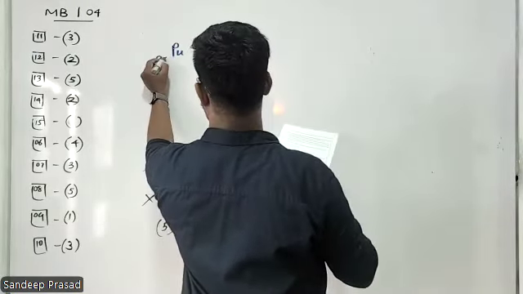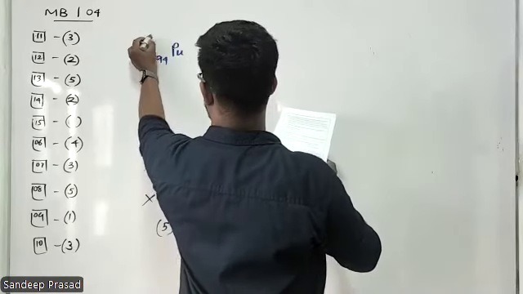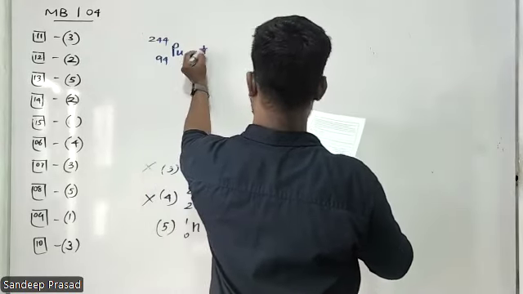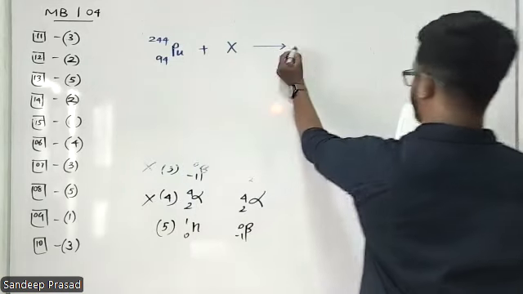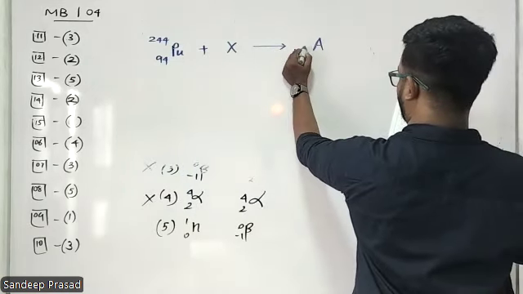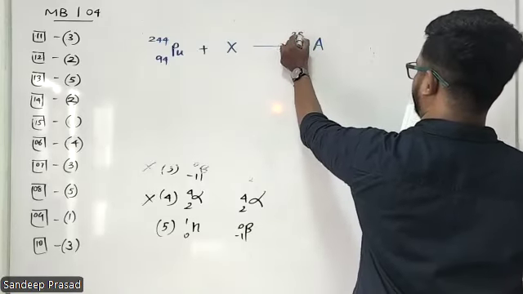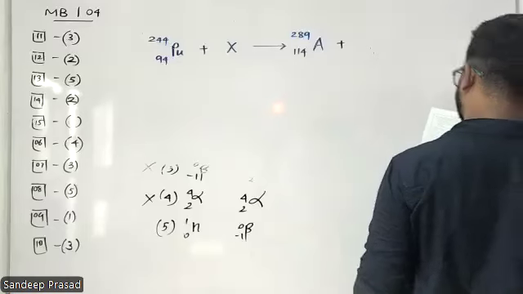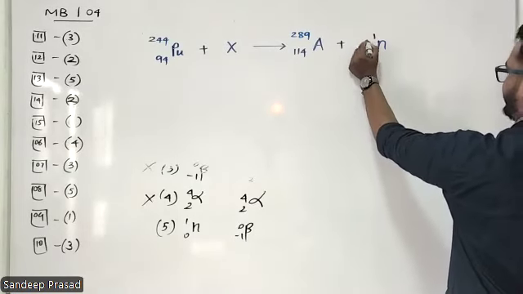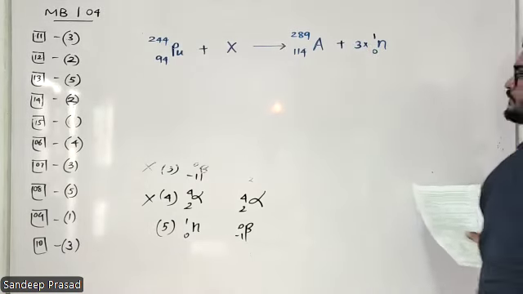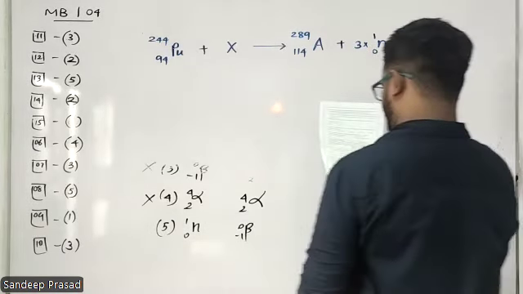Plutonium 94 244 plus X producing A 114 289 plus 3 neutrons, 0 1 into 3. Okay.